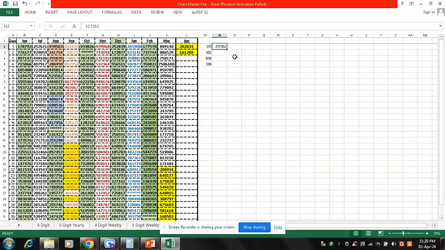So for the first time in my predictions, I've predicted a complete 6-digit winning number, which is 317382. Let us see how well this guesswork works, and I am hoping that we will start doing well with this. So this is the 6-digit chart for you all.